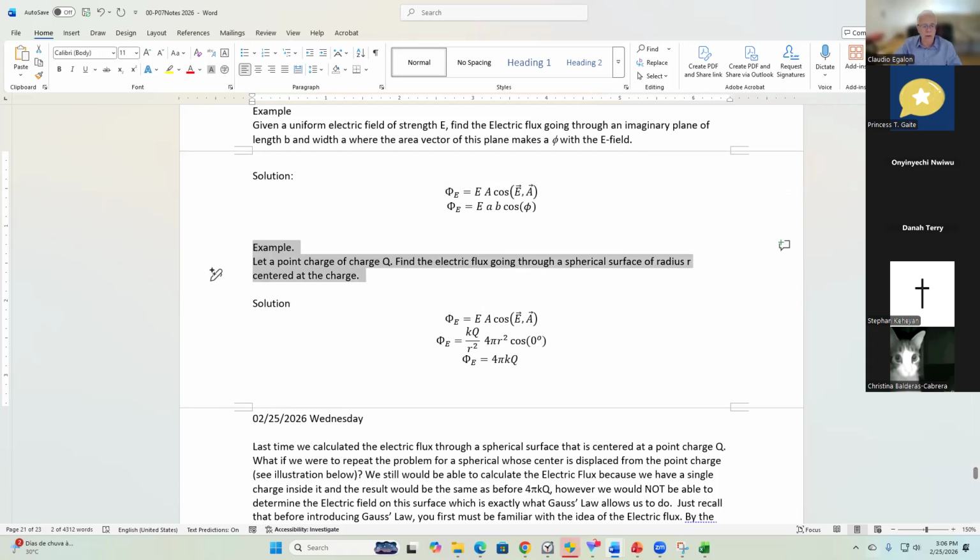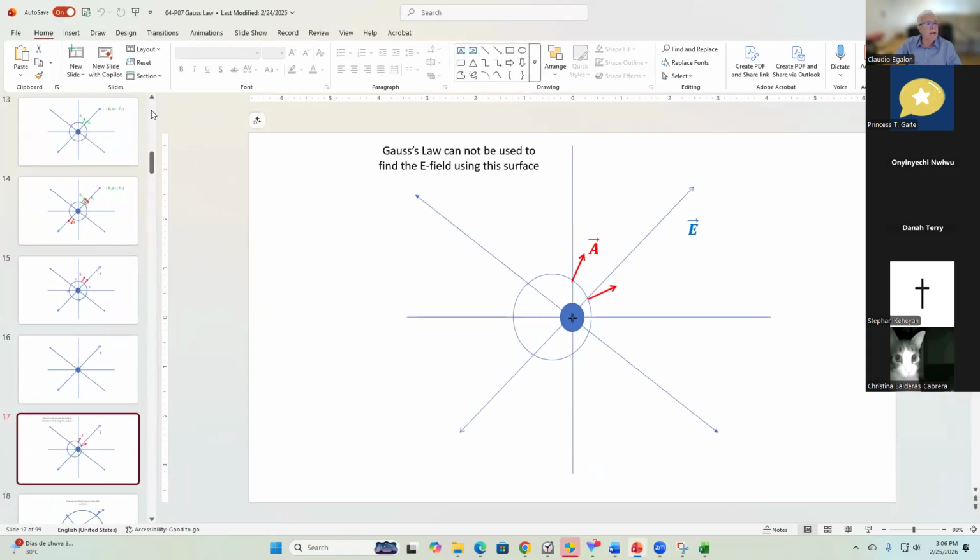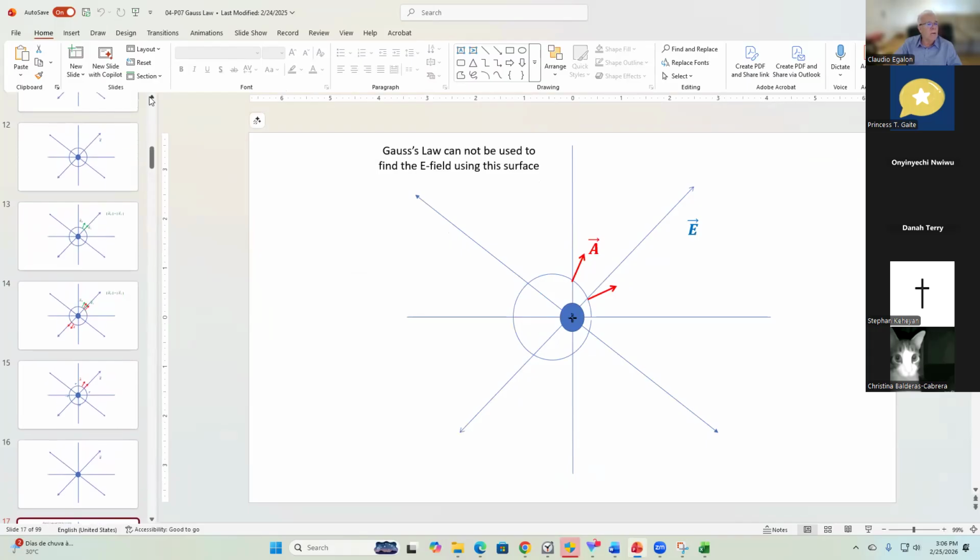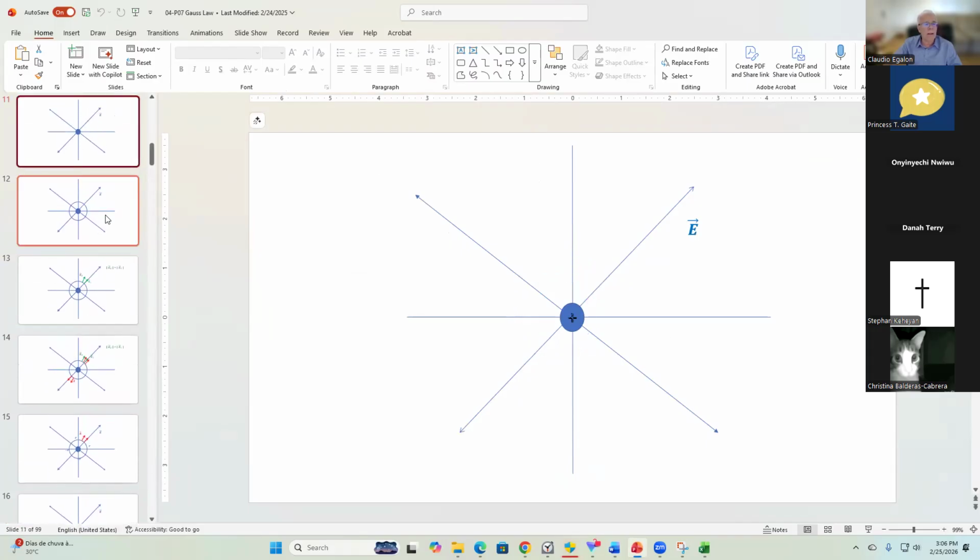Okay, and we did this example. Let a point charge of charge Q. Find the electric flux going through a spherical surface of radius r centered at the charge. We did that last time, and the geometrical configuration is exactly this one here. Here is what we call a Gaussian surface, an imaginary surface surrounding this electric charge, and the center of this Gaussian surface coincides with the position of the electric charge.